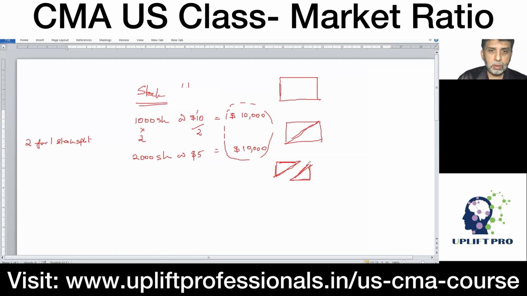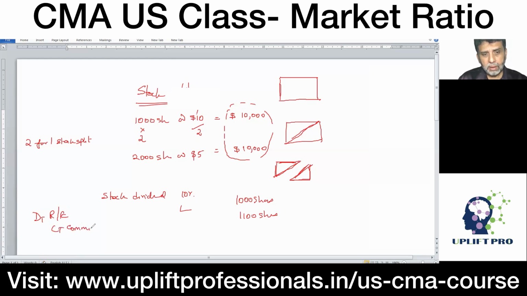Now let us talk about stock dividend. What is a stock dividend? Let us say a 10% stock dividend. If you have 1,000 shares, after the stock dividend you will have 1,100 shares. The entry is going to be debiting retained earnings and crediting common stock.